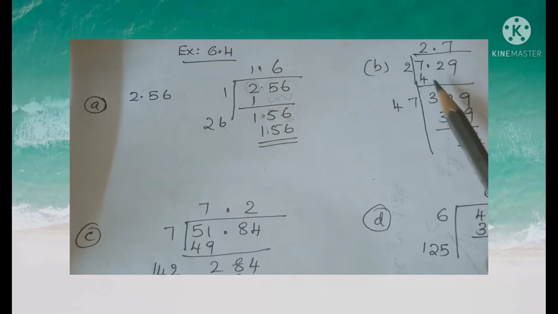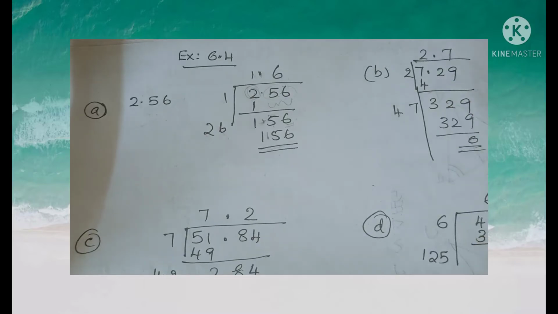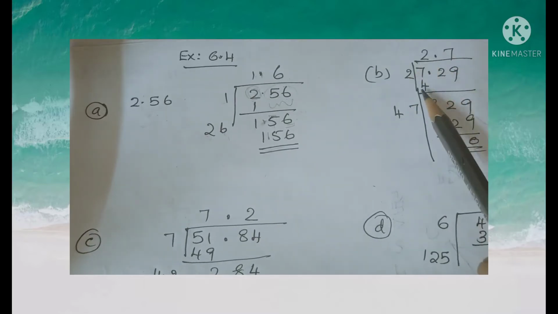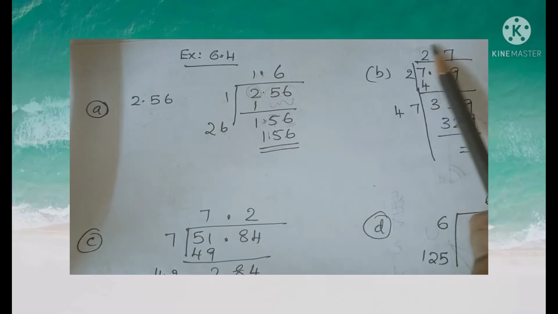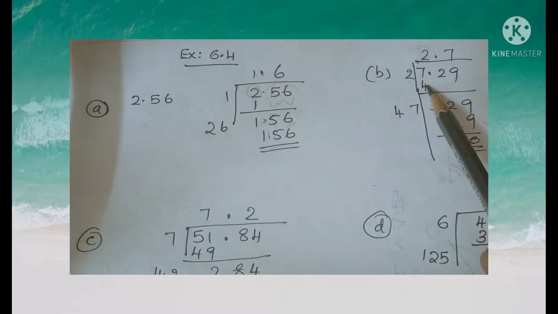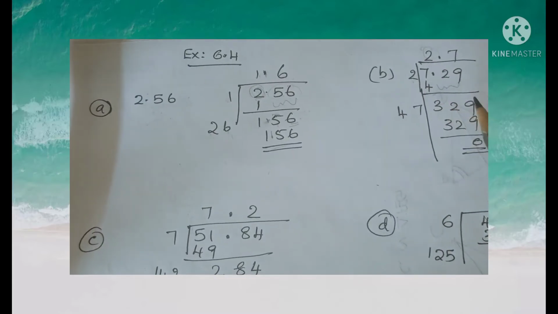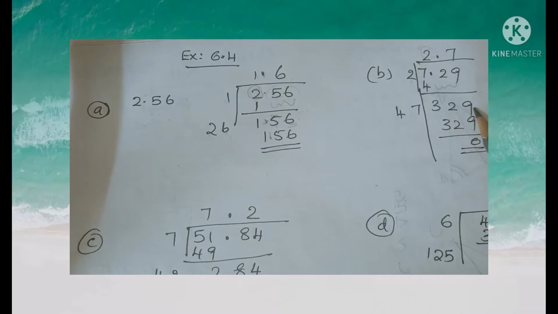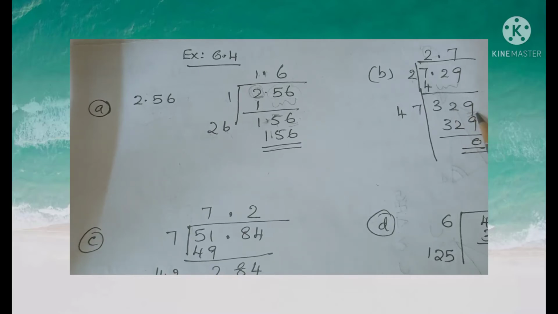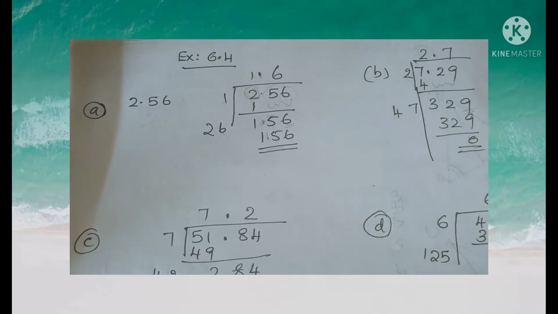Then the next one, 7.29. 7 lies between 4 and 9, so we write 2. 2 into 2, 4. Subtracting, we get 3, then write 29 here. Since 9 is the ending number, it is either 3 or 7.